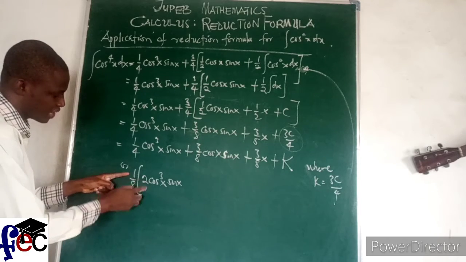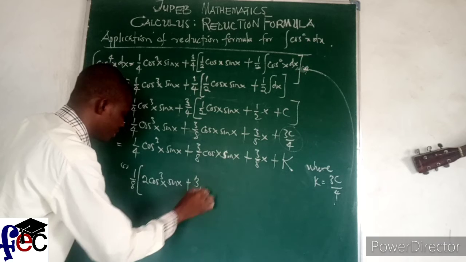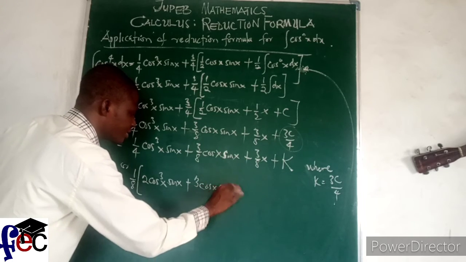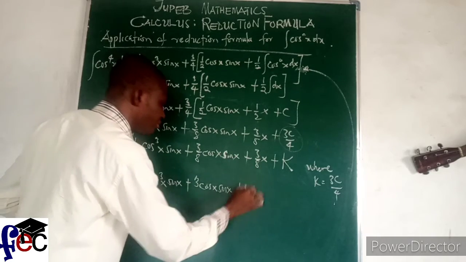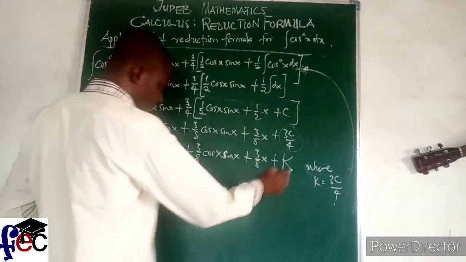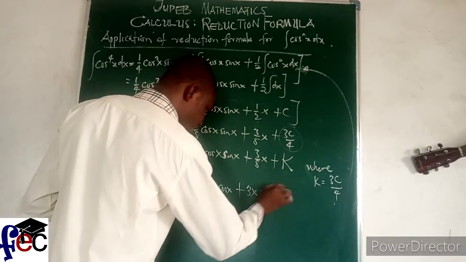If you multiply this, you see that you get 1 over 4. This will give me 3 cos x sine x plus, and this will give me 3x. Okay, then if I want to allow this to affect this too, this will be 8k.